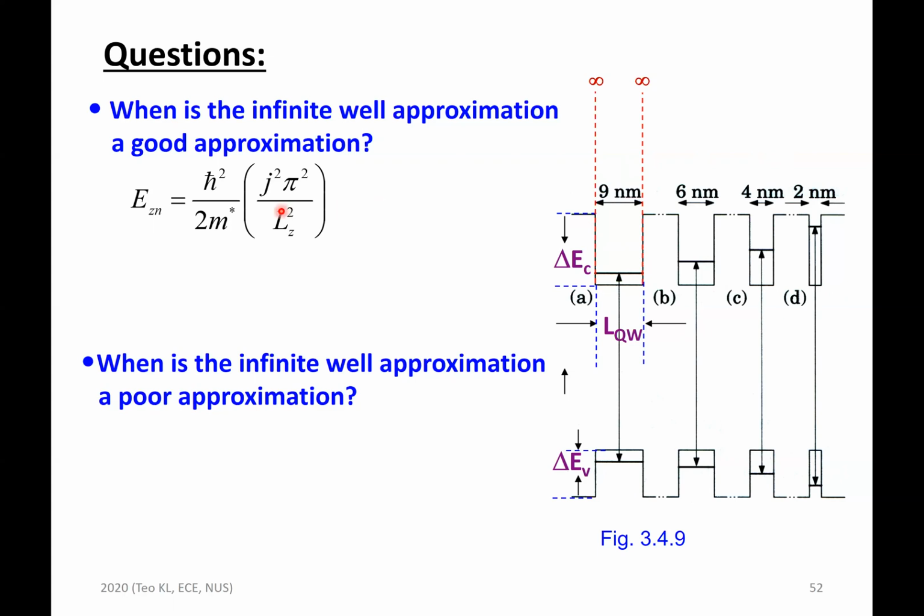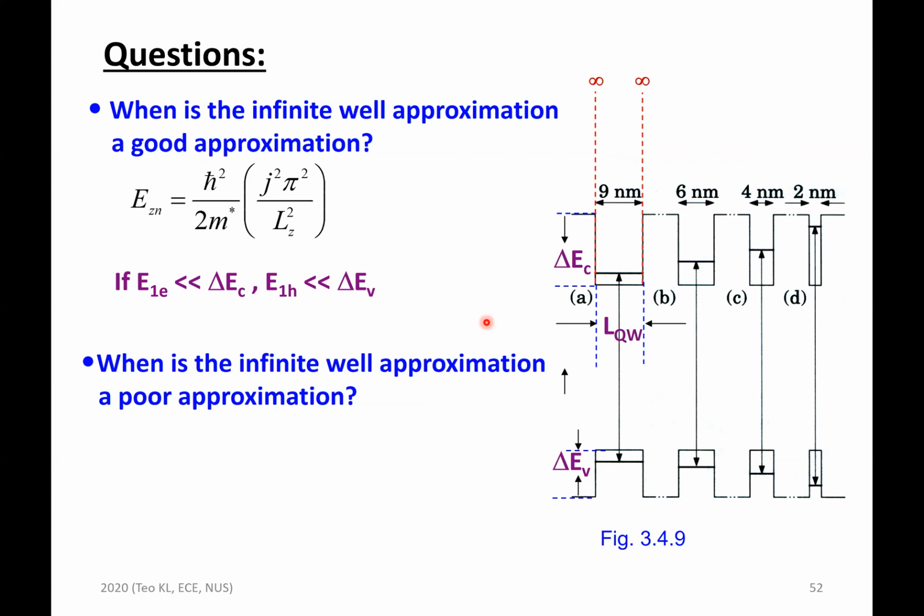So when is the infinite well approximation a good approximation? When the first electronic state energy is much, much less than delta EC. Or similarly, the first or lowest electronic hole state energy is much, much less than delta EV.